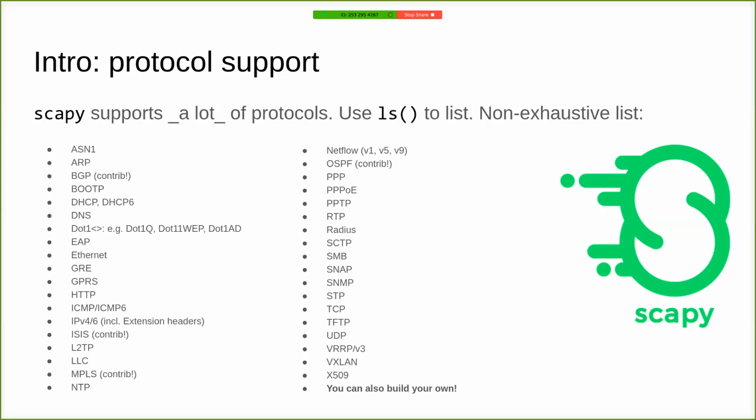You can use the ls command to list the available protocols. But also the good thing about Scapy is that you can build your own protocols. If you're building some system that uses a particular encoding and you want to reuse the already existing headers, it's really easy to extend: you just use their framework, define your protocols, and you move forward.